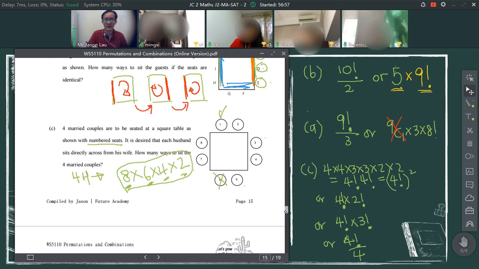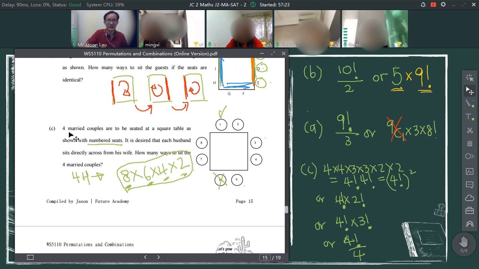You can ask questions like, what if the seats are not distinct? If they are all the same, then how many ways to do it? Can I sit at number 2 also?